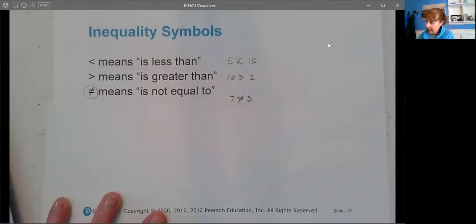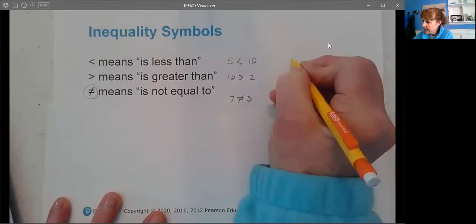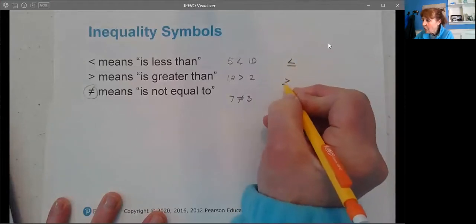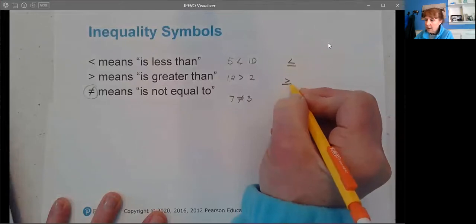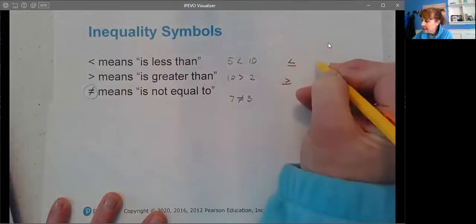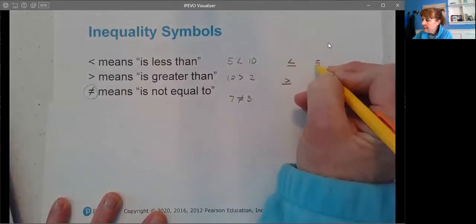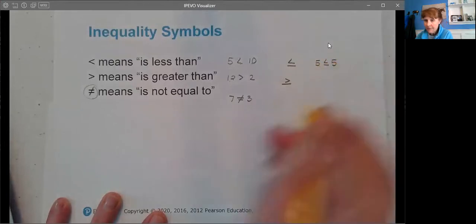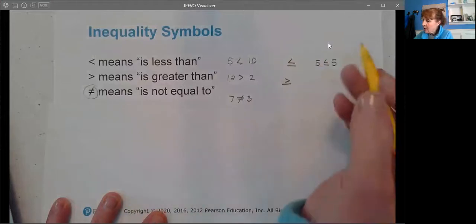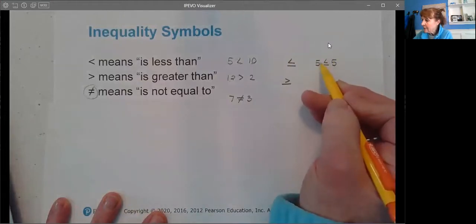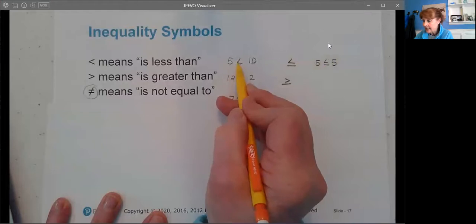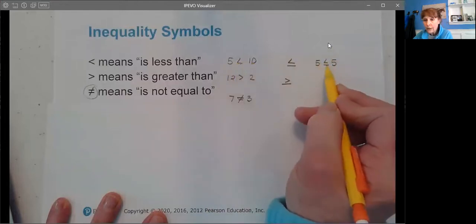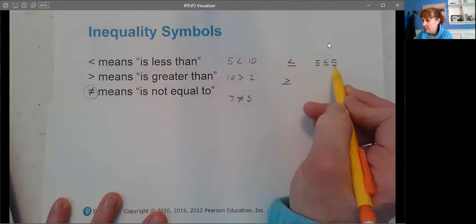Other symbols that you can have are less than or equal to, or greater than or equal to. So what you could have, this is a true statement. 5 is less than or equal to 5, because it's an or. So this means that you can either have less than, 5 is less than 10, or you can have 5 is less than or equal to 5.